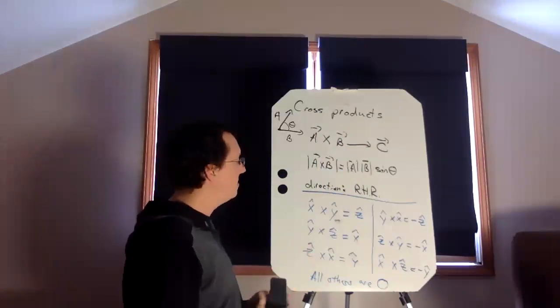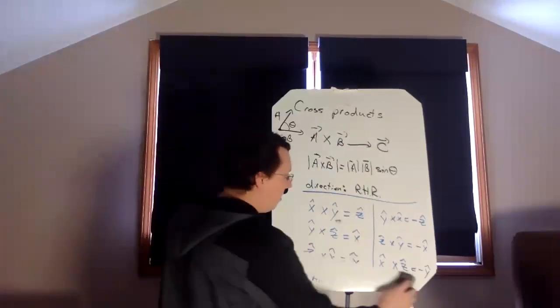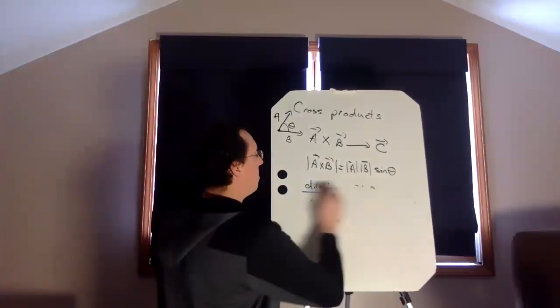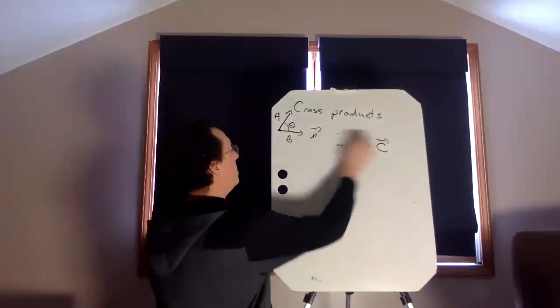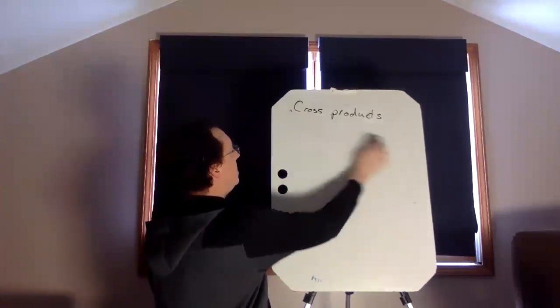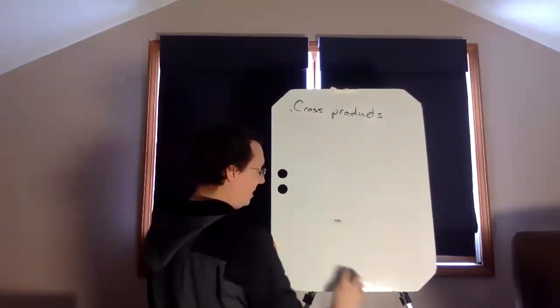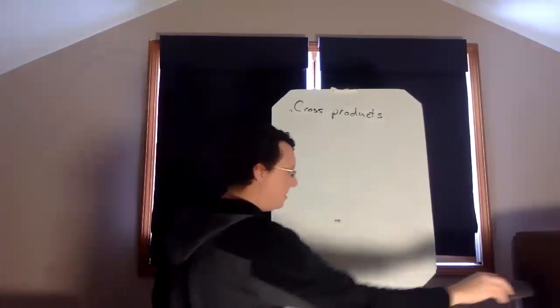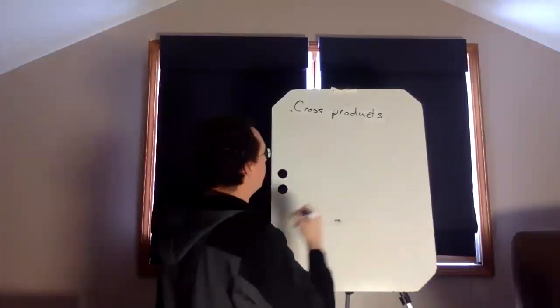You get minus signs. A final way to think about a cross product is in terms of a determinant, and this works in 3D. It doesn't work in other dimensions, but for us, it's okay.